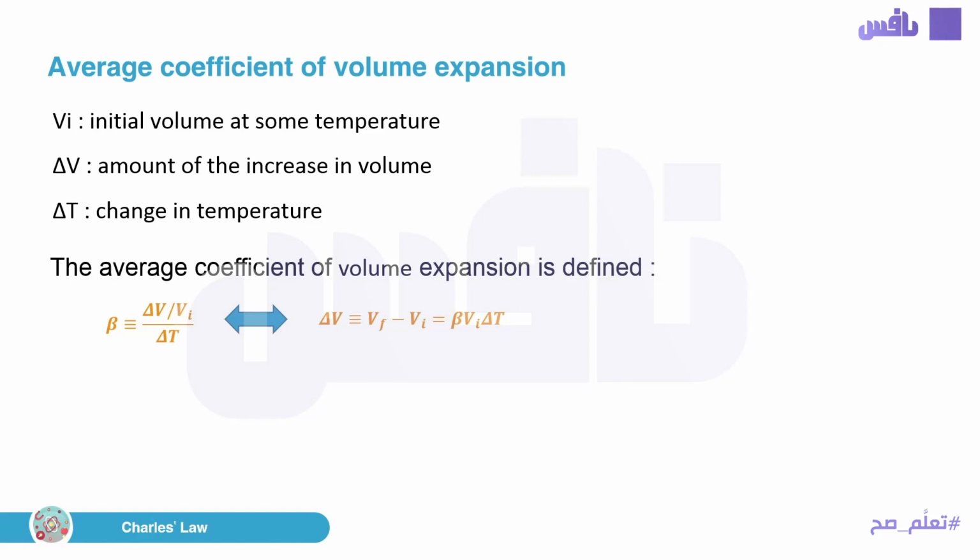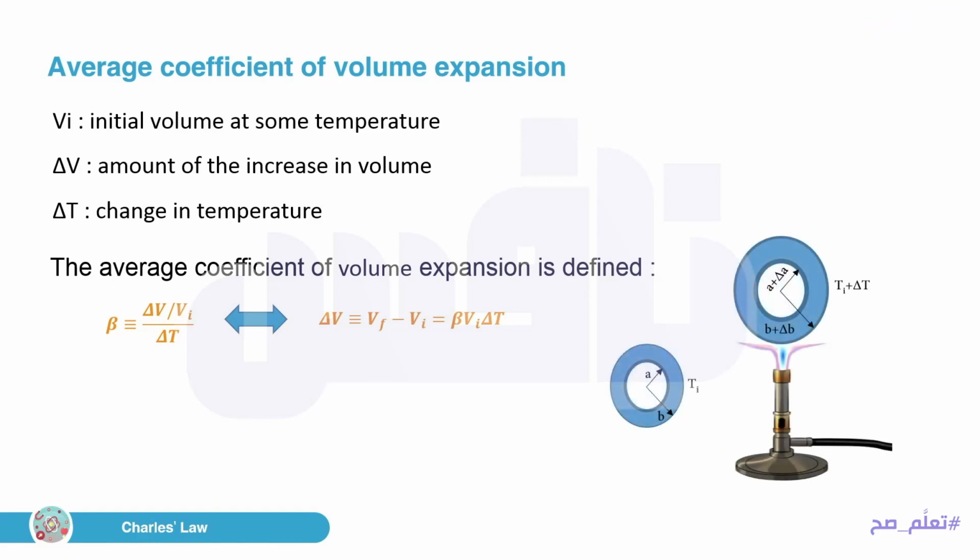All of them are the same. If we have a change in temperature, maybe there is a change in the diameter, maybe a change in volume. So finally, we can find the unknown volume expansion coefficient by this equation.